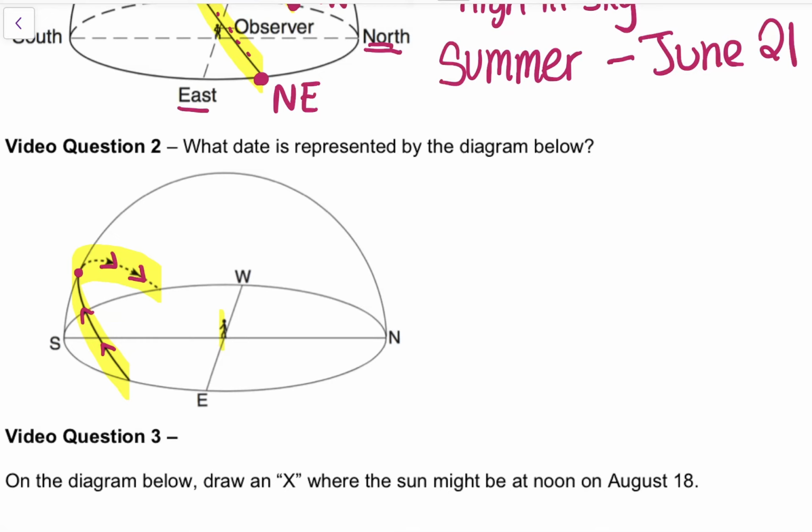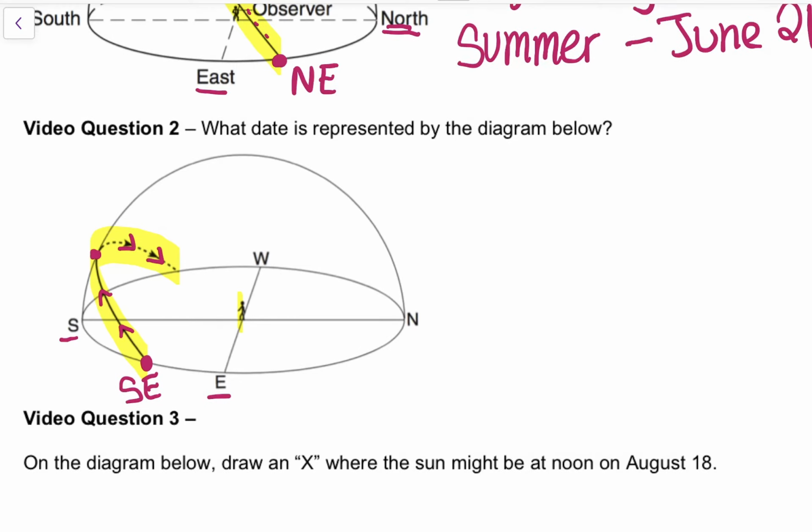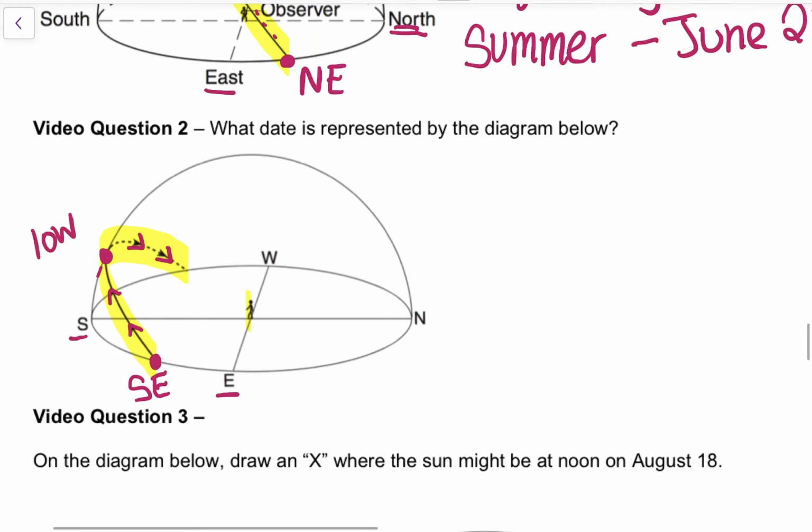The sun seems to rise at this point here. So that's in between south and east. The sun is rising in the southeast. The sun goes up to its highest point in the sky, and even though it's the highest point, it still seems pretty low. The sun is pretty low in the sky. And then the sun starts to set and sets in the southwest.